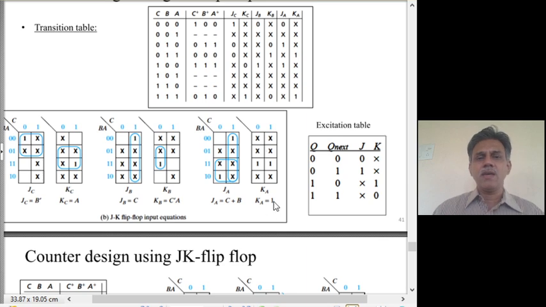Which means KA is 1. So, we have arrived at this, and now you can draw the diagram. Well, now before drawing the diagram, let us see whether we can simplify this operation.